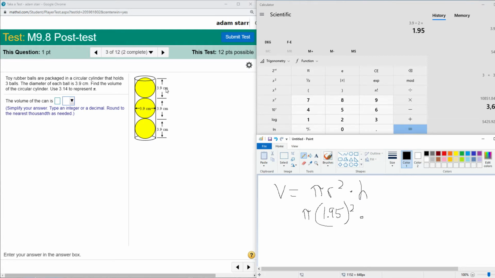Well, I know that this is 3.9, this is 3.9, and this is 3.9. So my total height is going to be the 3.9 3 times. That will give me this total height. So it'll be 3.9 times 3, so 11.7 is my total height.